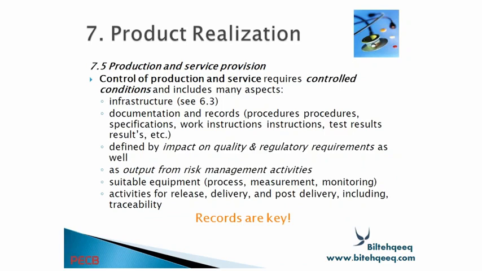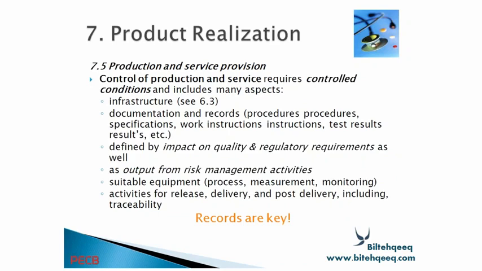And now we are going to discuss product realization, and 7.5 is related to production and service provision. Control of production and service requires controlled conditions and includes many aspects.